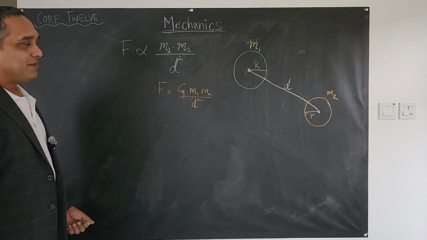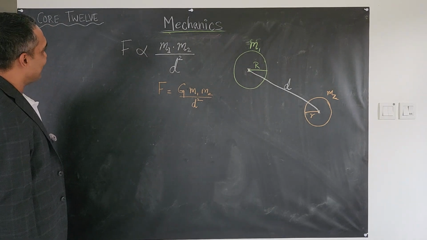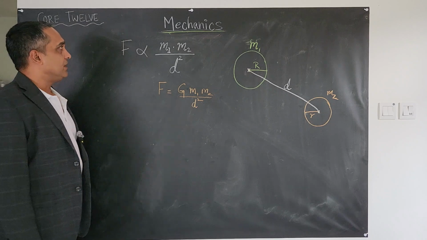This is called the universal gravitational constant, UGC, which is the typical term.